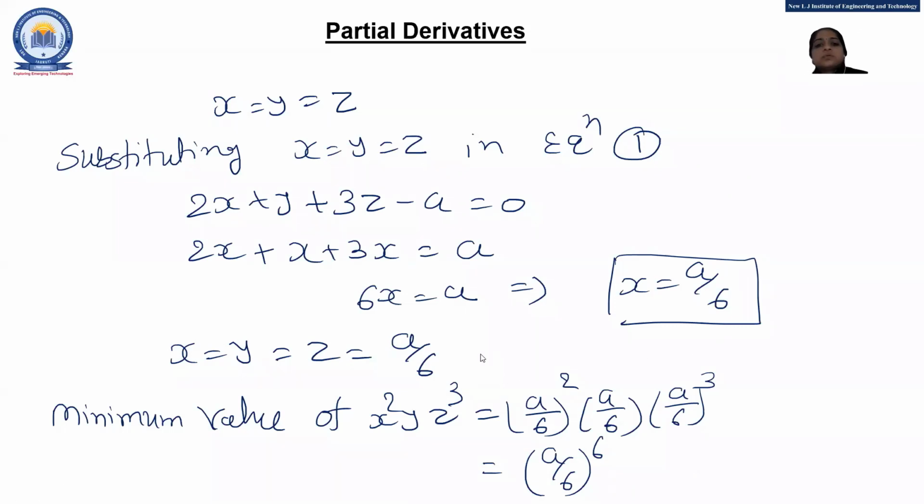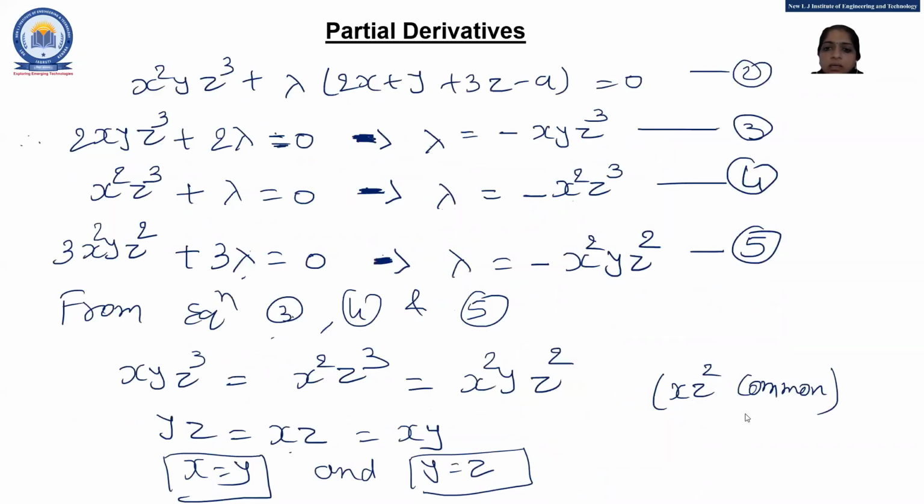Yes, Abhay, very good. So do you have any doubts, students, in this example? This is our final answer. I want the response from all of you. Do you have any doubt? Okay.